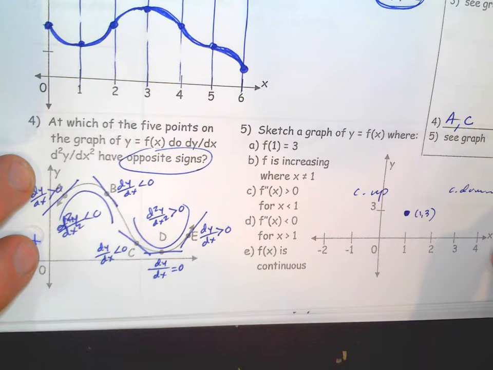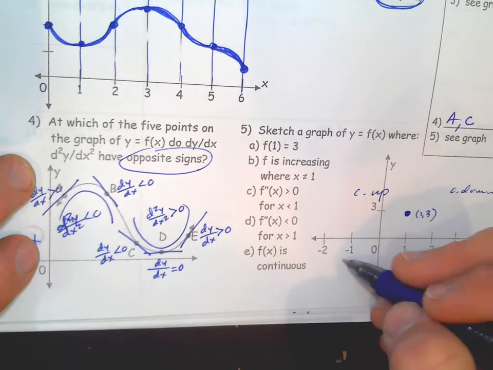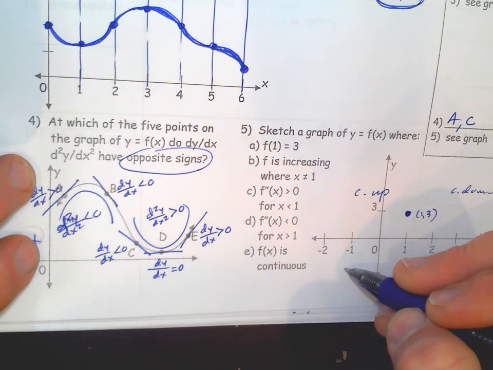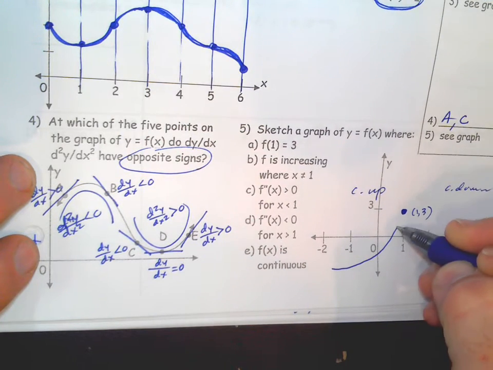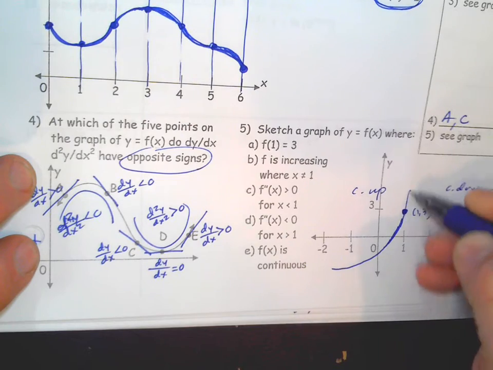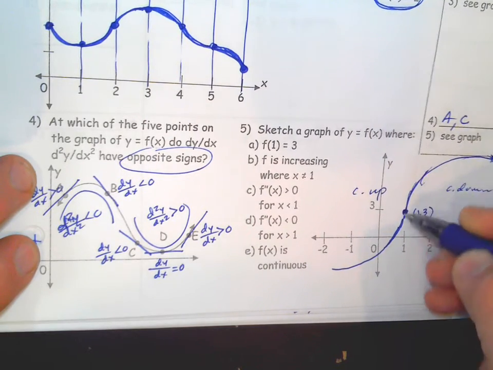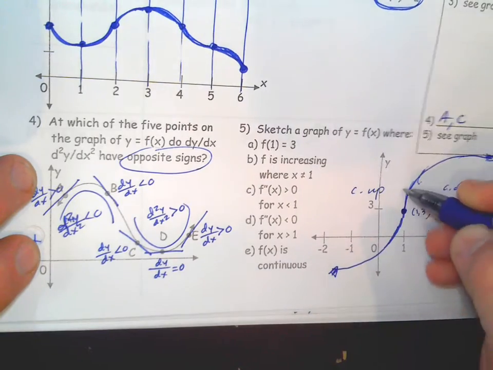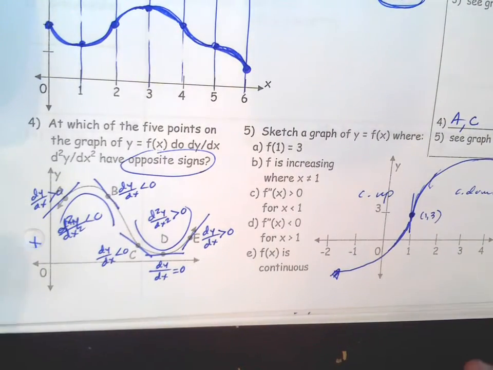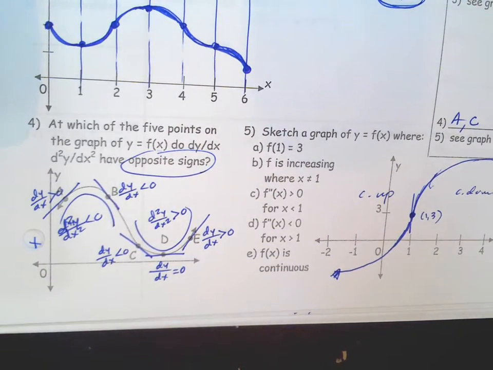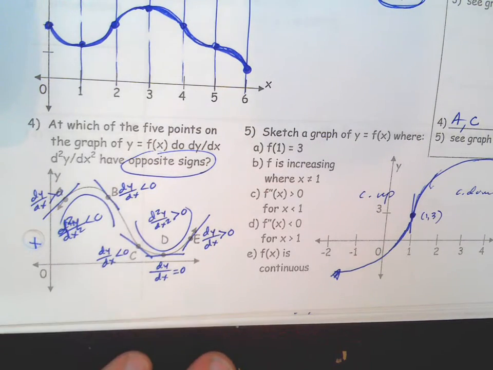And it's continuous. So it's got to be concave up and increasing, and then it's got to be concave down and increasing. So I think what's happening right here is that we're getting a vertical tangent. That's why f is not technically increasing there, because it's infinitely steep. So something like that.